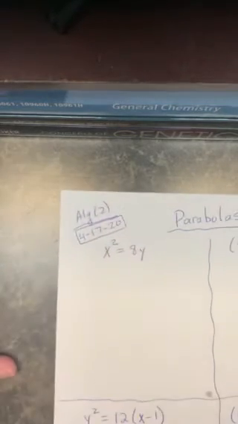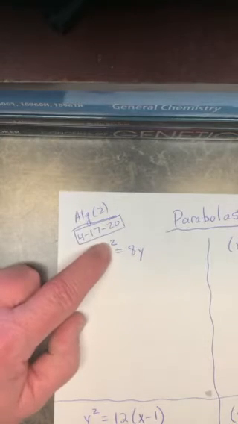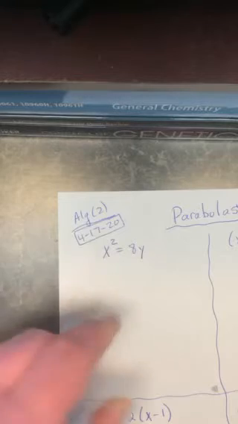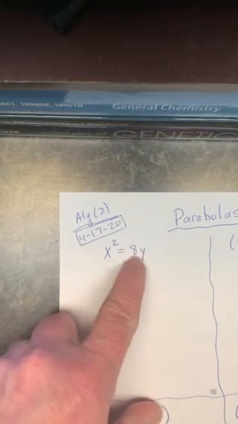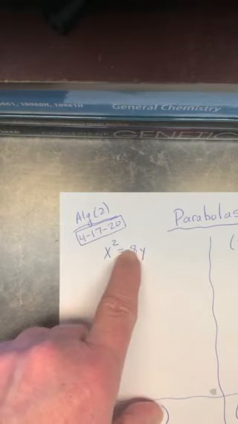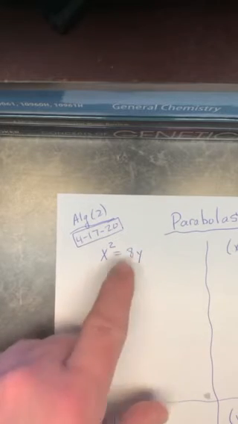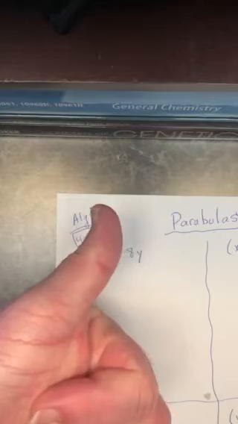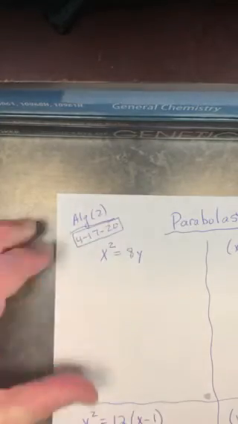So on problem number 1, the x is squared. That means it's going to open either up or down. Oh, and notice on the other side, the number 8 is a positive number, isn't it? Well, doesn't common sense say if it's a positive number, it'll open up, because up is in the positive direction.